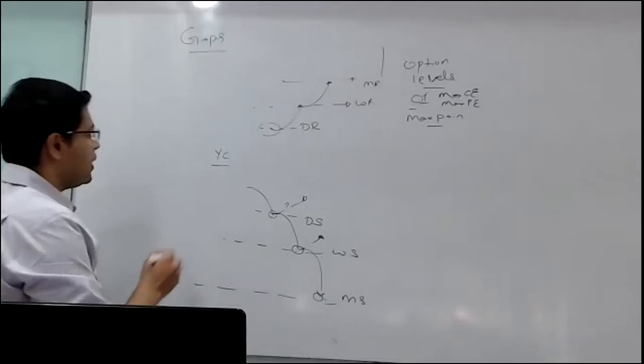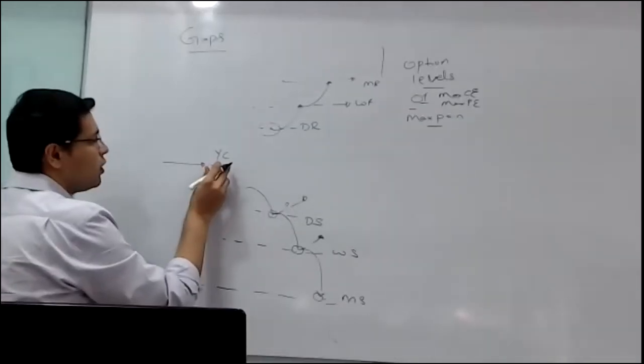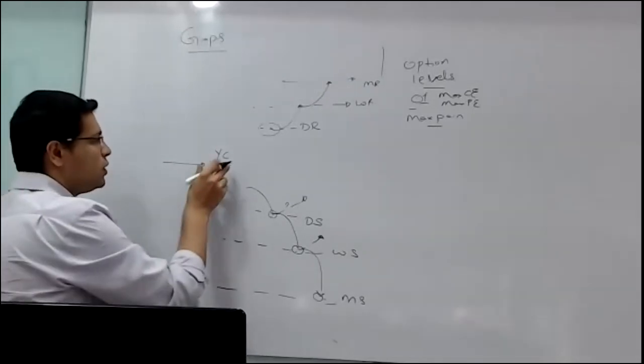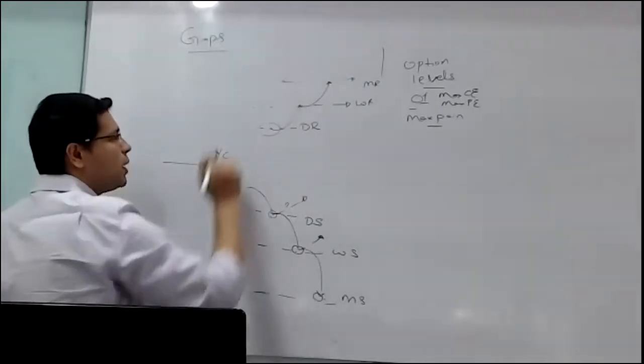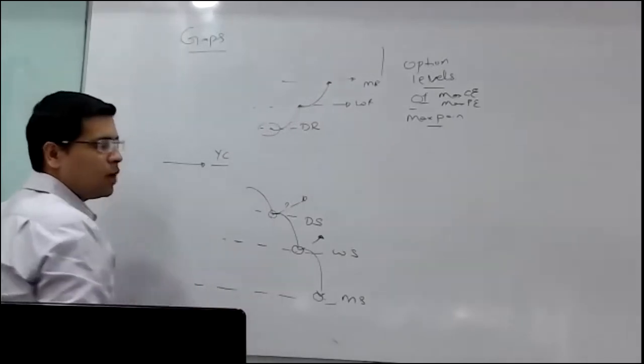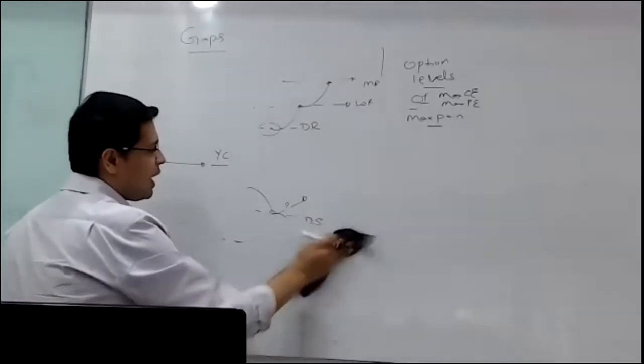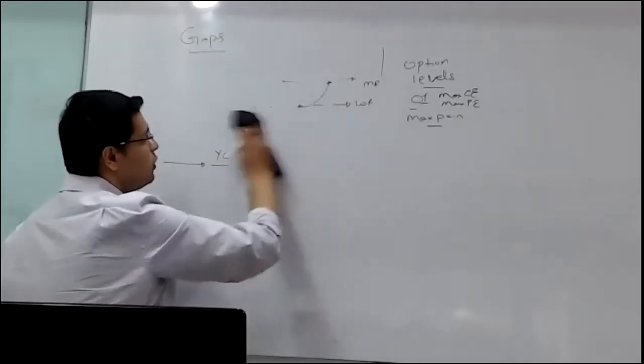So the first thing to understand or know is yesterday's close. When you know yesterday's close, all the lines above are called resistance and all the lines below are called support. Now let's start with the gap. What do we mean by gap?